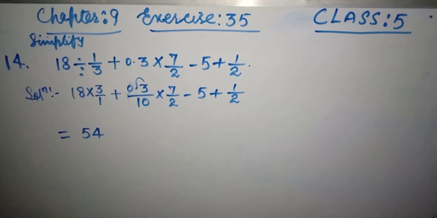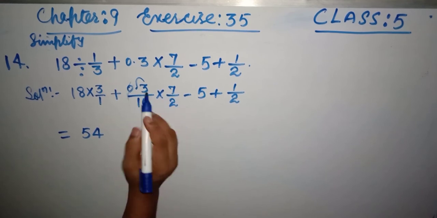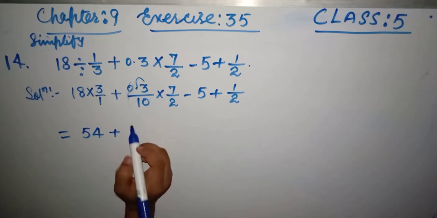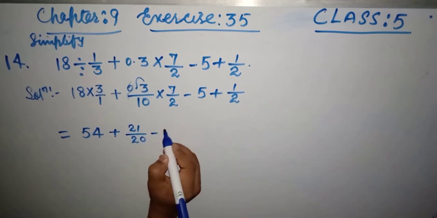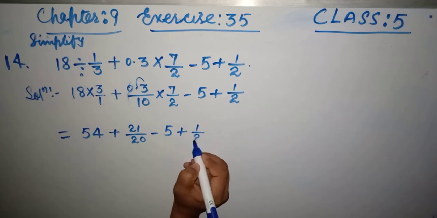Now the next, this is 3 by 10 multiplied by 7 by 2, plus 21 by 20, minus 5 plus 1 by 2.